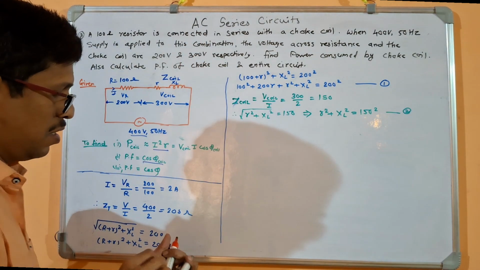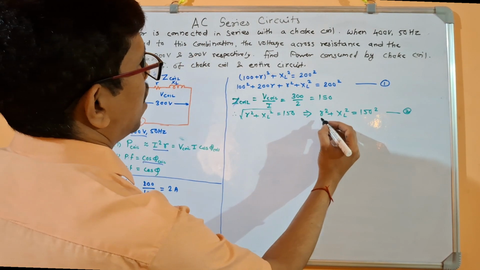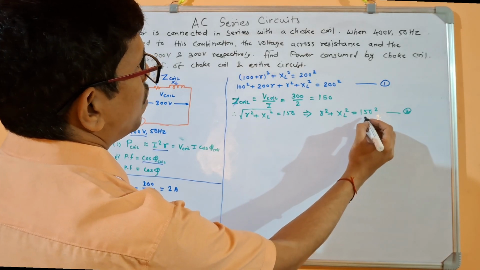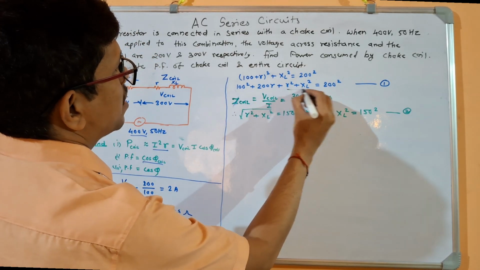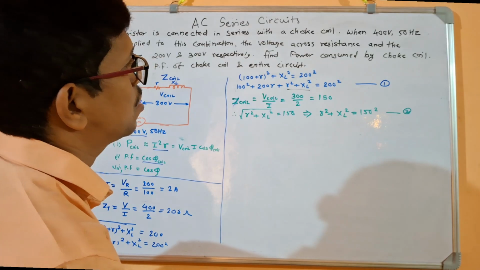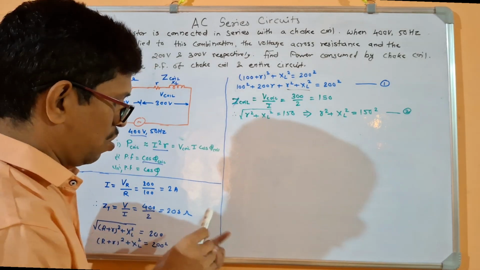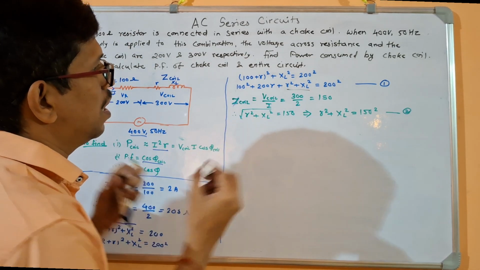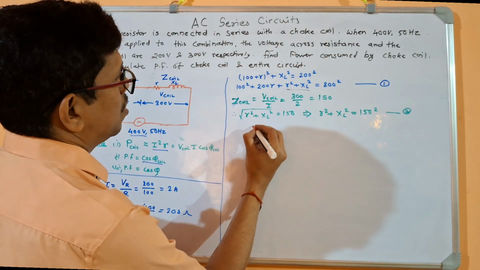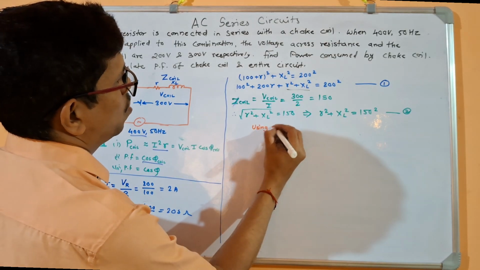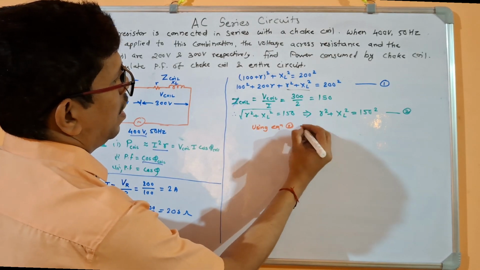If I use this second equation, r squared plus XL squared is equal to 150 squared, and replace this r squared plus XL squared, I can solve for r. So I am replacing using equations 2 and 1.